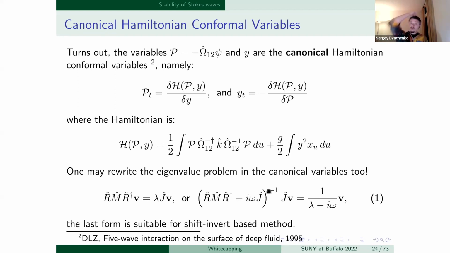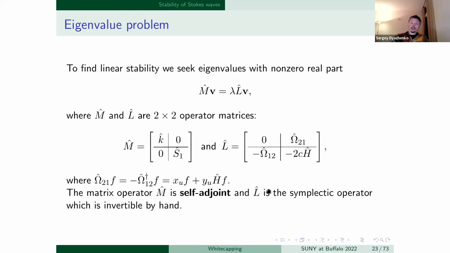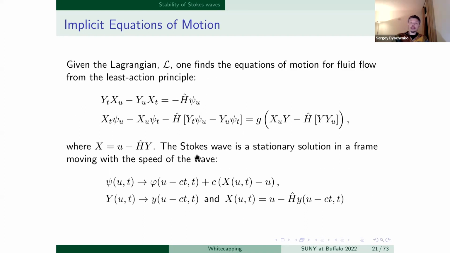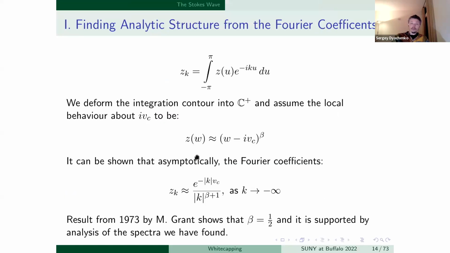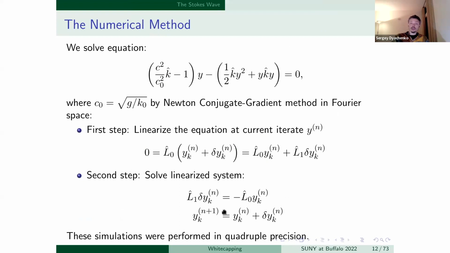But it would also involve the inverse of the linearized Babenko equation with some modification. And that has to be done in a similar manner as when we did the solution of the original Stokes wave.